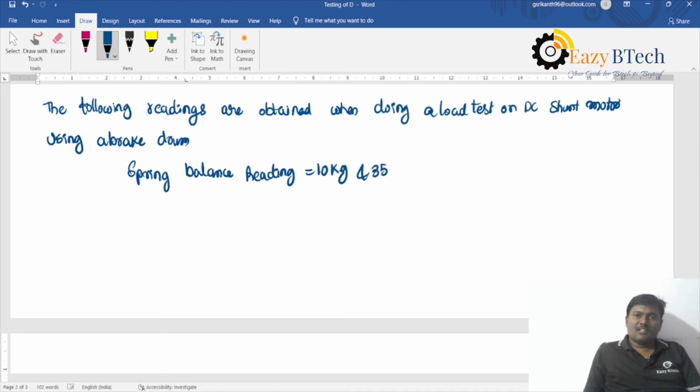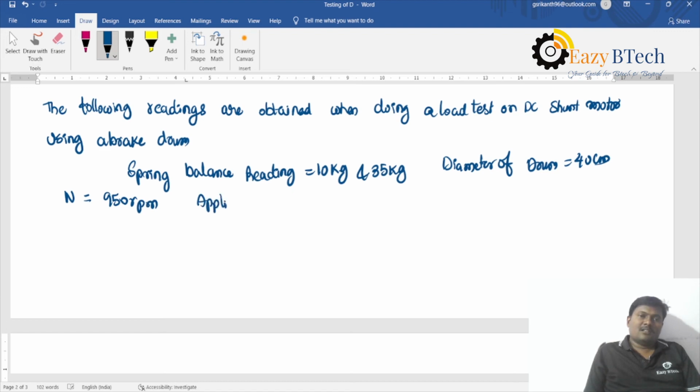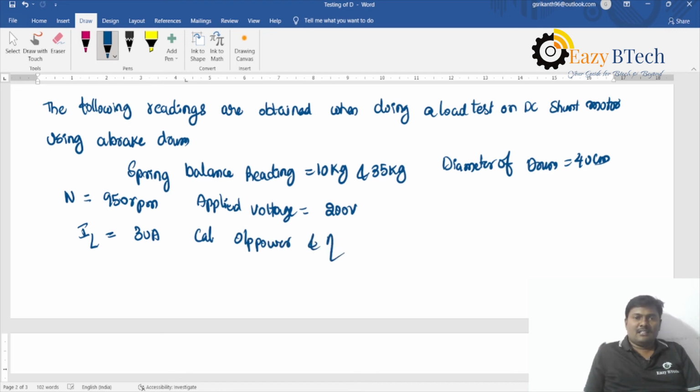Spring balance readings are 10 kg and 35 kg, diameter of the drum is 40 centimeters, speed of the motor is 950 rpm, applied voltage is 200 volts, line current is 30 amperes.